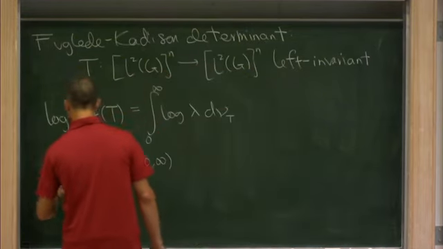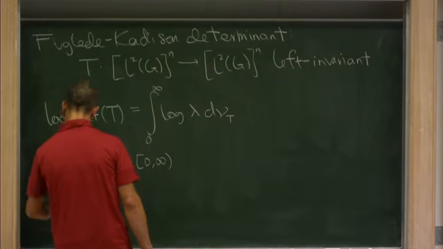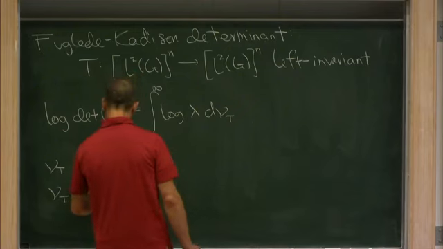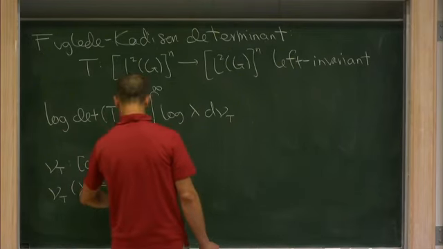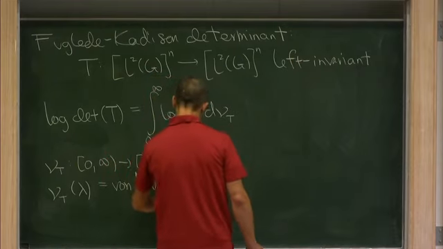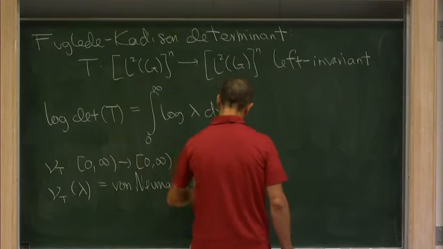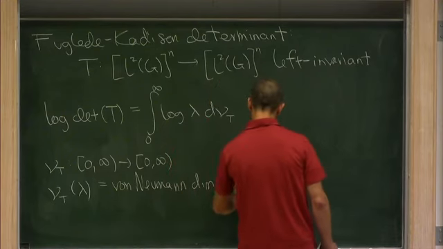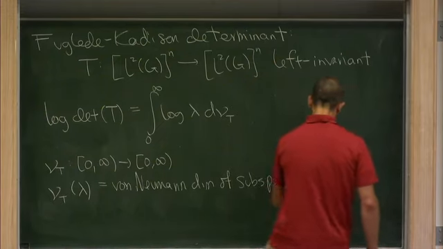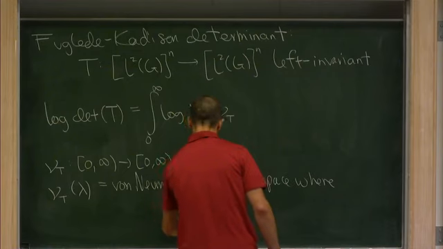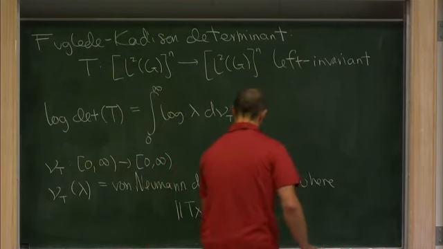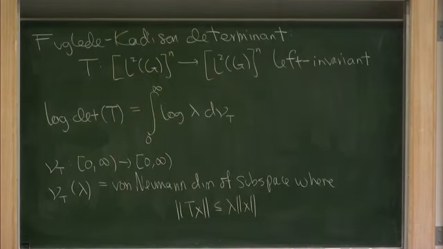And what it is, it's the von Neumann dimension of the subspace of things that are stretched by at most lambda. Okay.